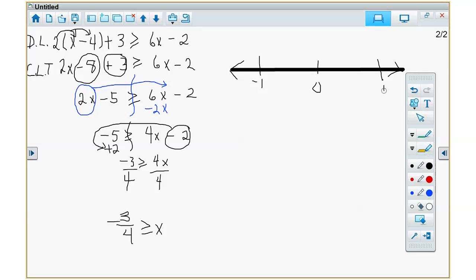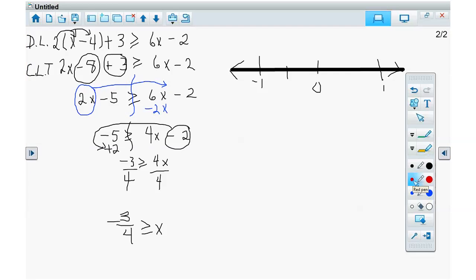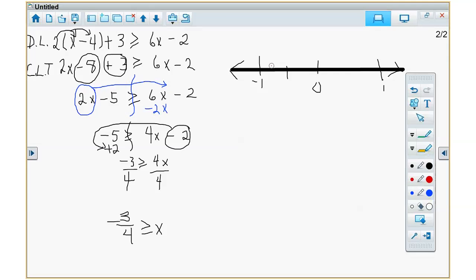Now what are we dealing with? Negative 3/4, which is right in here. I don't care where you put it. This is about a half. 3/4 will be right in here. I'm going to put a red what? What kind of circle goes at 3/4? A closed circle or a full circle.